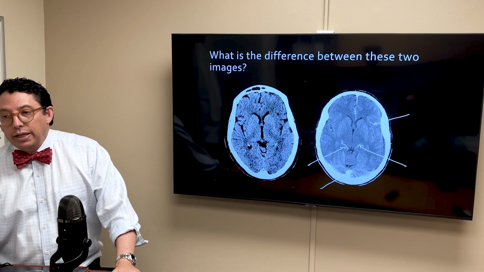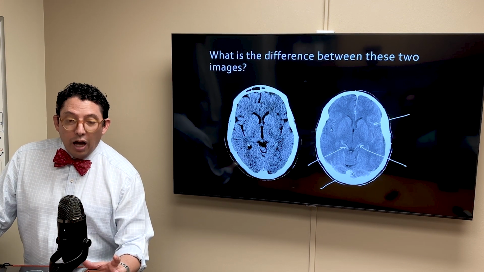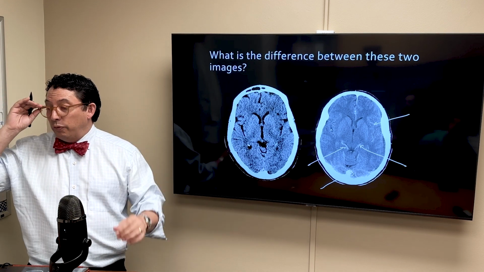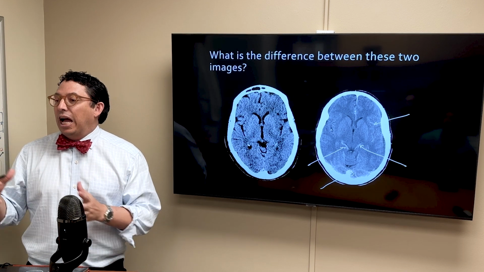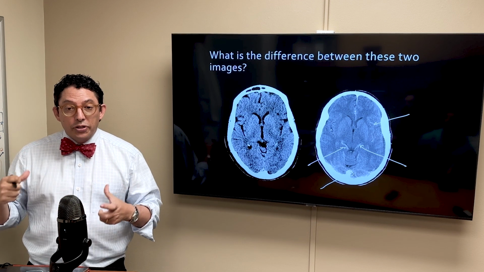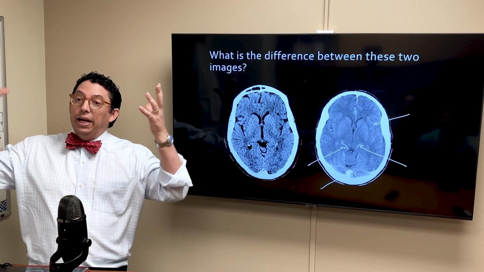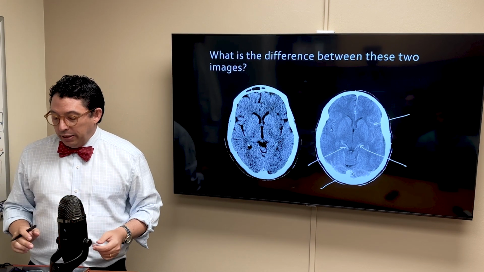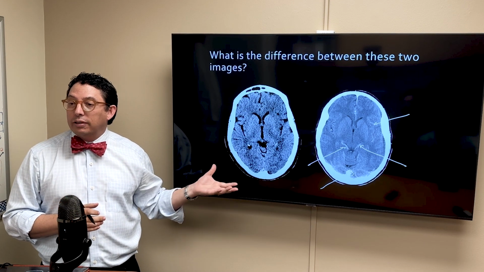In the real world, we typically do not do CTs of the head with contrast, unless we're particularly looking at the vessels. So if you want to see the vessels, you do what we call a CT angiogram. Angio meaning arteries. So you can do a CT and shoot dye inside of the vessels, and when the dye is in the arteries, we can see that. That's a CT angiogram. And without contrast is really our workhorse in neuroradiology. We use it a lot.